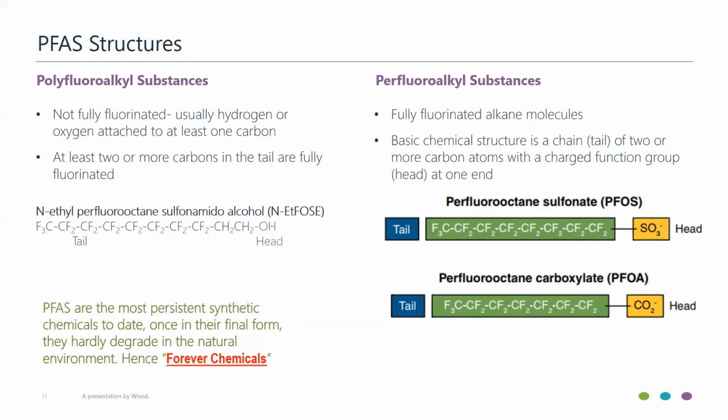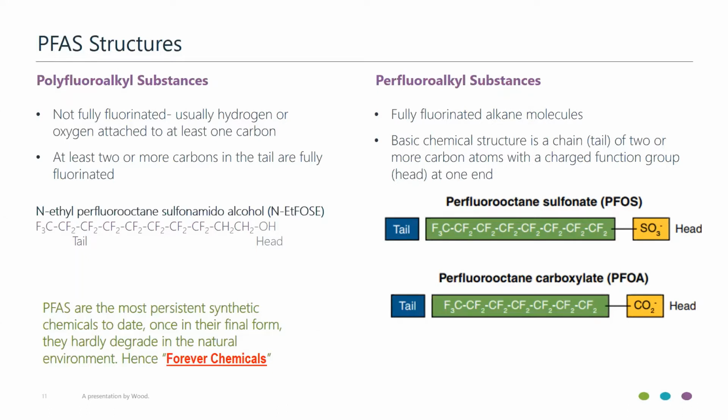So on the right side, the right column, that first colorful one with the tail and the head is the chemical structure for PFOS. And if you look at the chemical name, it says perfluorooctane. So we know it's a chain of 8 carbons long. And it says it's a sulfonate, so we know what the head type of that chemical is. The perfluorals, they tend to be sulfonates or carboxylates. And as you can see, there's an example of both.